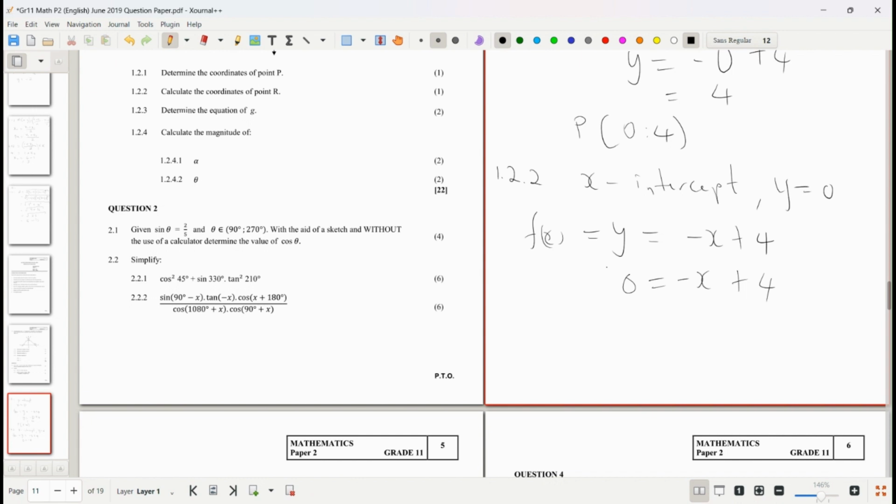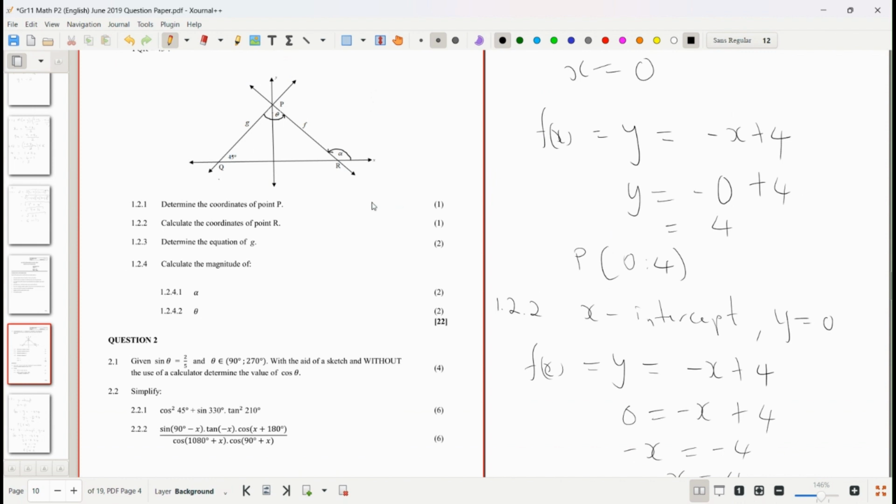So we have negative x equals negative 4, so x equals 4. So the coordinates of point R have to be (4; 0).